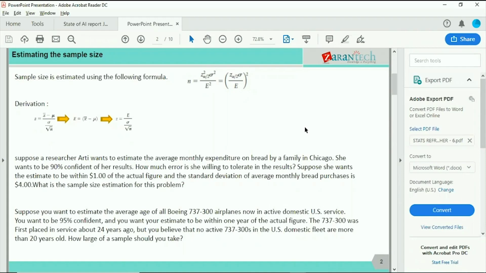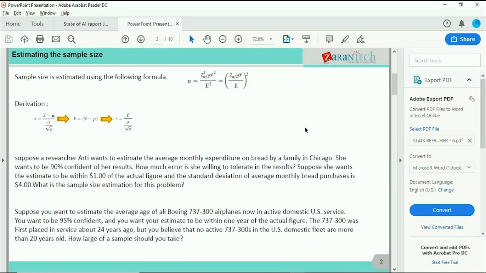If you remember the formula that we discussed last time, Z is equal to X bar minus mu by sigma by root n. From that formula, probably we can find out what n is. N is usually the number of samples taken, right? So when we break down the formula, n becomes Z alpha by 2 whole square, sigma square by E square.